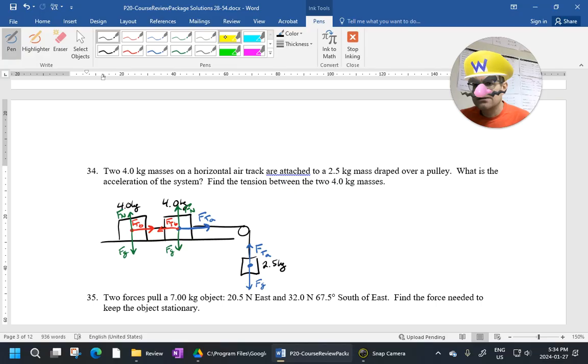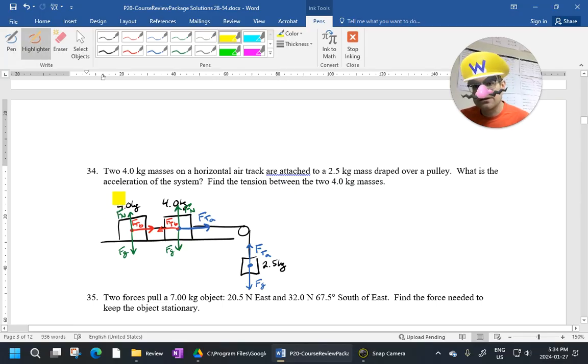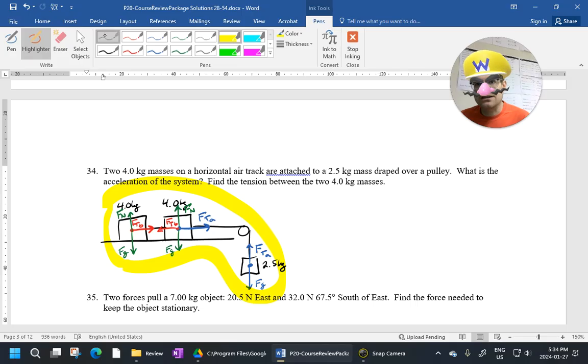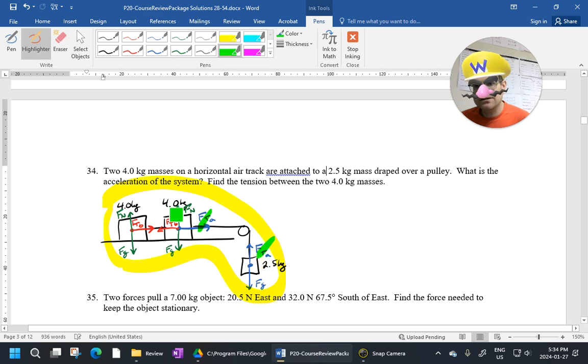Okay. So we want to find the acceleration of this system. If I say find the acceleration of this block down here, I don't know what the tension is. So we've got to figure out a way to make the tension cancel out. So if I were to draw a bubble around all of this, I could see that all these tensions cancel out.